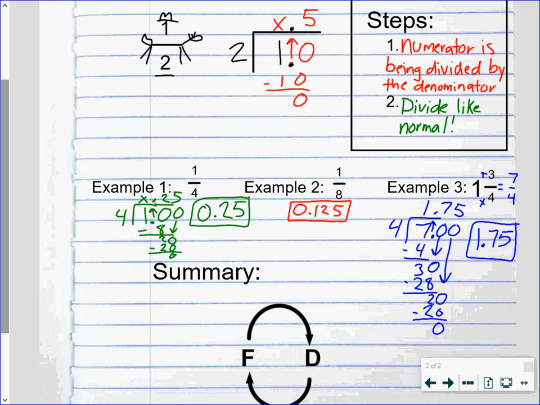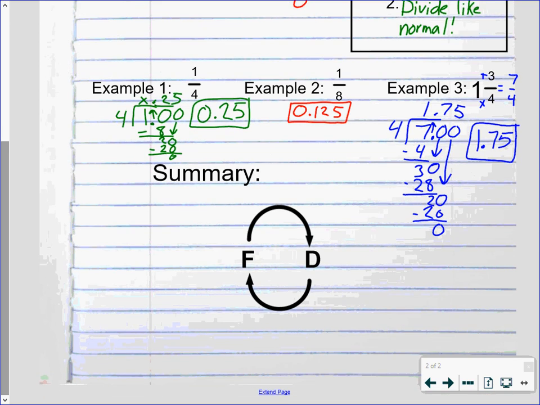So in summary, when we are converting fractions to decimals, we need to remember to never put a horse in a gas station.